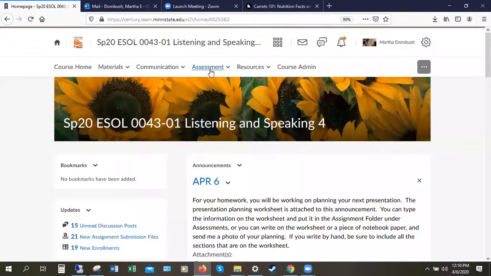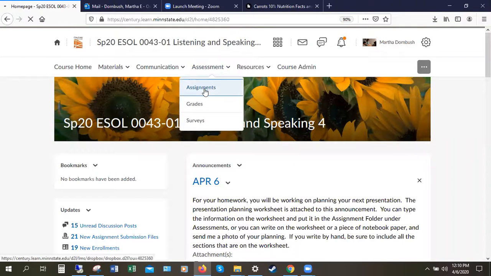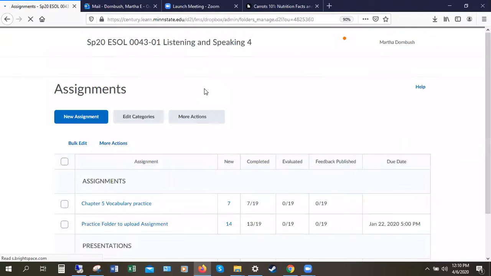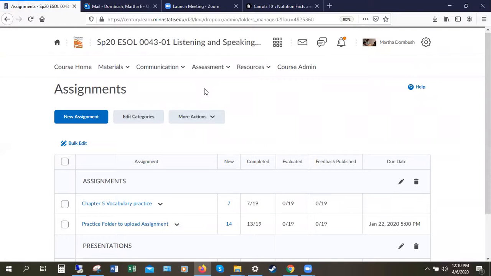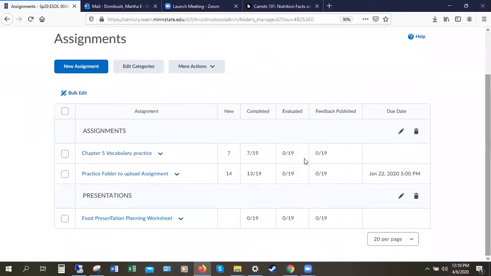Under assessments, there's assignments, and I put a folder in there. So when you're done, you can either write it and take a picture and send me the picture in here, or you can type on it and send me the document in here. It's called Food Presentation Planning Worksheet. Okay, thank you. So you can upload it in there, and it should be there by Friday.